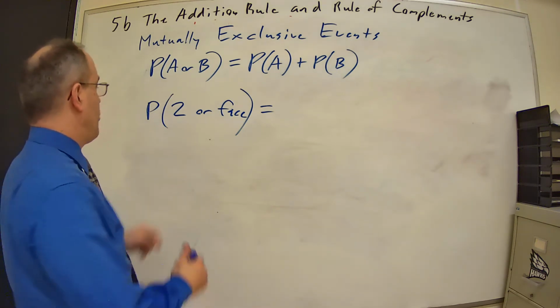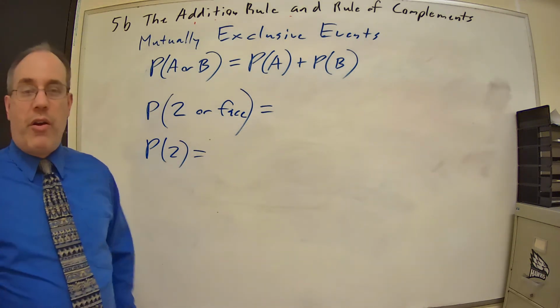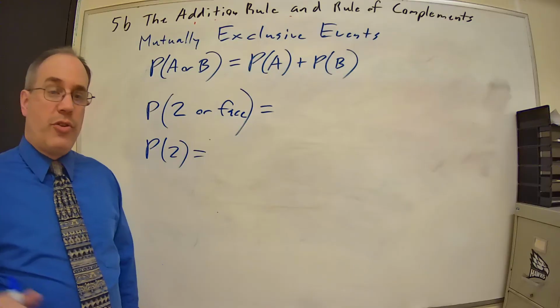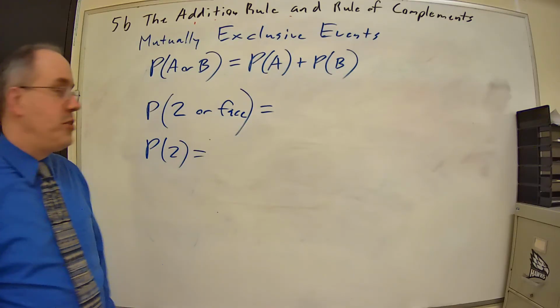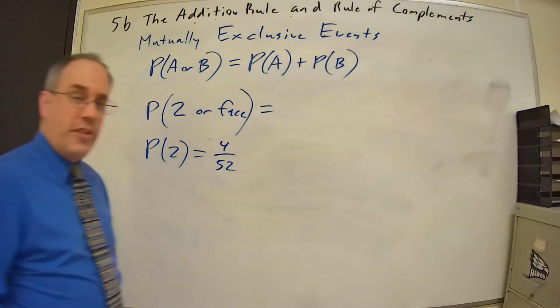So I need to know the probability of pulling a 2. There are 4 suits, and each of those suits has a number 2. So there are 4 2s in the deck out of the 52 cards in the deck.